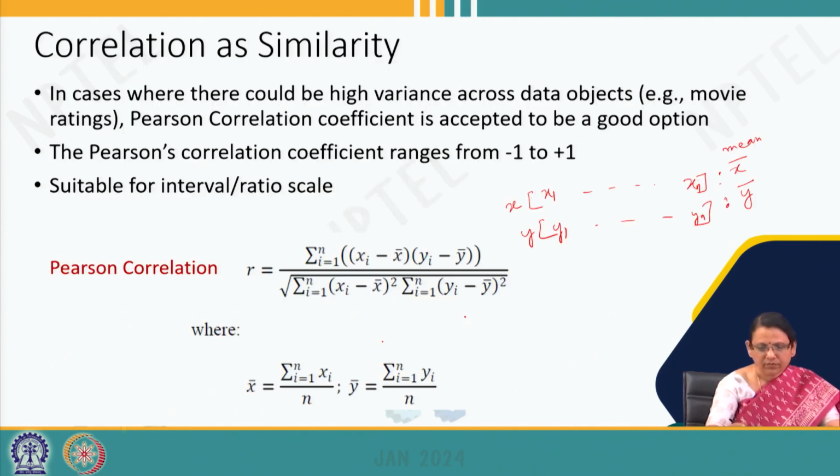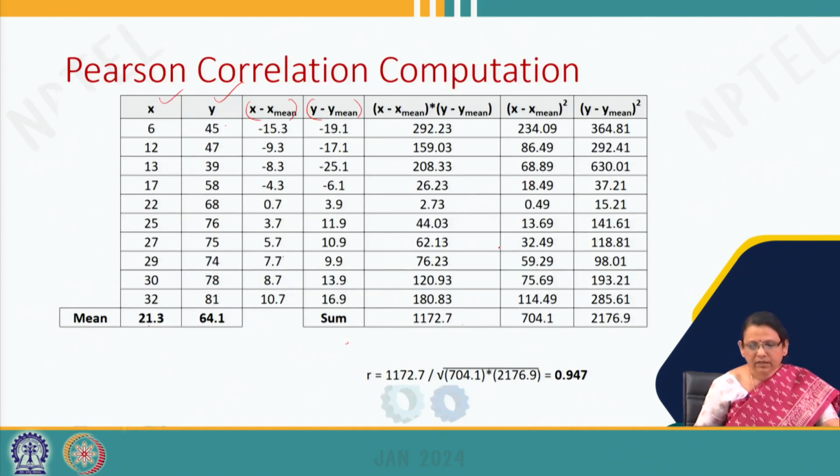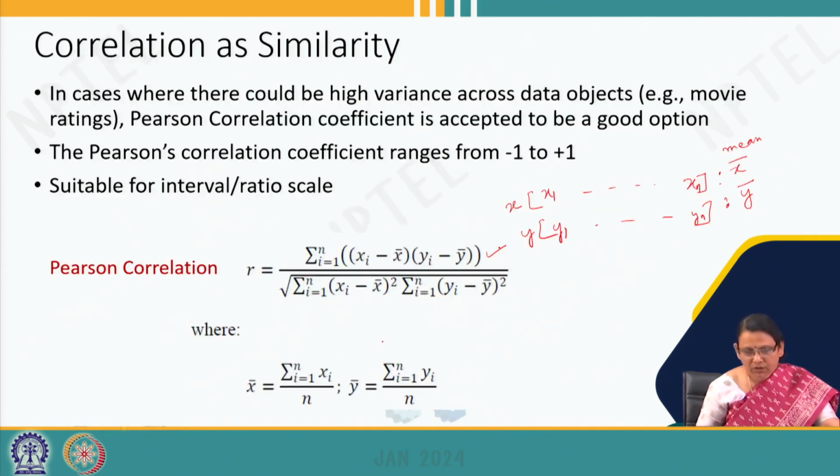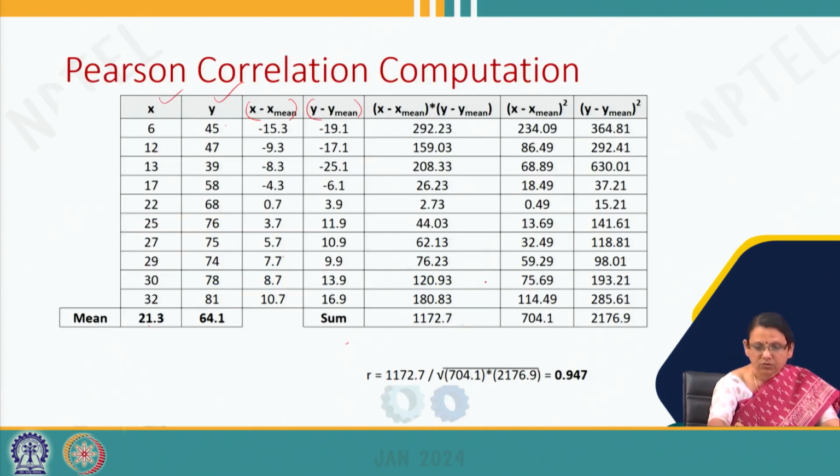This makes the numerator. Now, coming to the denominator, it is the square of each element with the mean subtracted, summed up, and finally rooted.